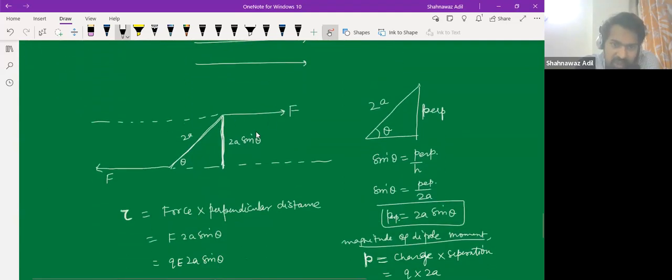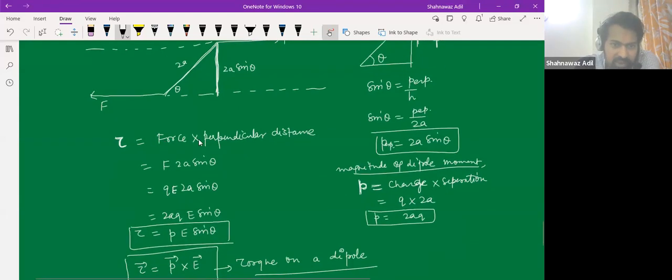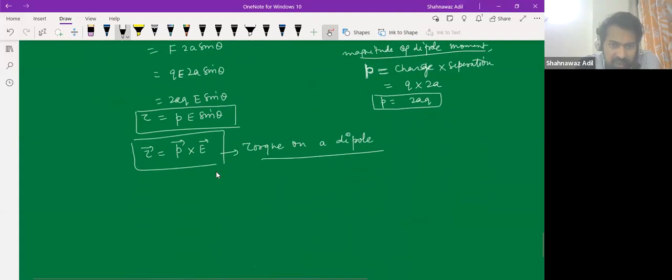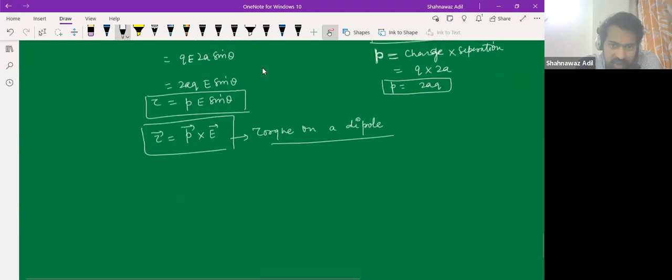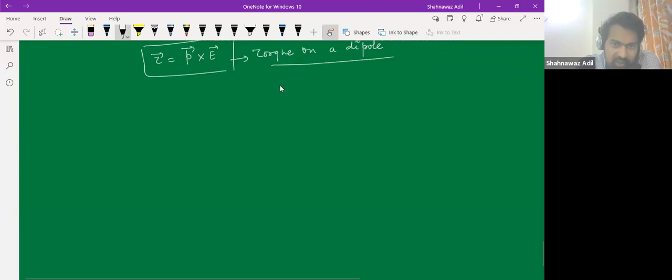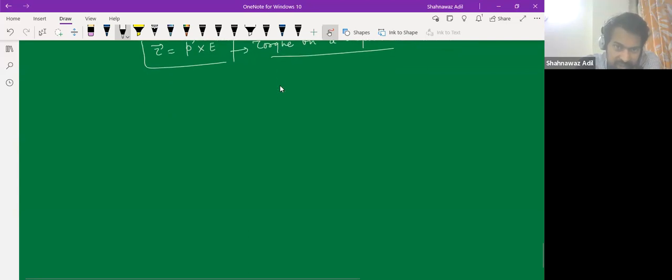These two forces are equal in magnitude but act in opposite directions, so they create a rotational effect, that is the couple, and we know that couple is force into perpendicular distance. We calculated this and got that the torque is p cross E. So this is what we have studied so far. Okay, and we will talk about three conditions, the special cases.